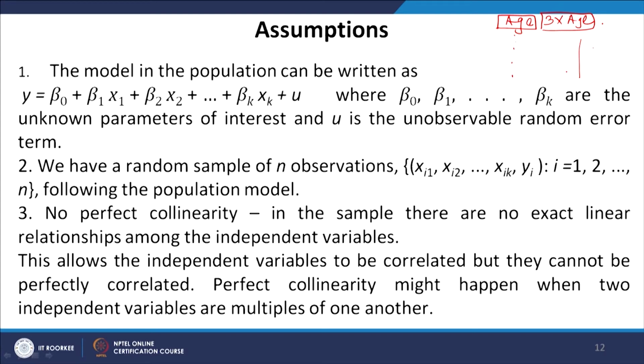So, we cannot have perfect collinearity among the independent variables. This is the basic idea, and why we cannot have it and what problems arise will be discussed at length when we discuss the problem of multicollinearity.